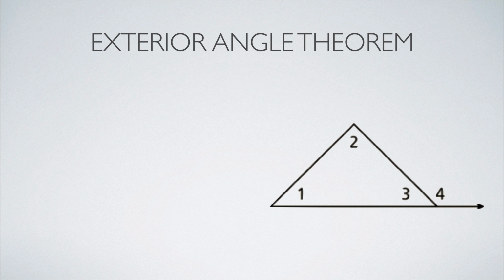All right, so now we're going to very quickly talk about the exterior angle theorem. So the exterior angle theorem is basically this. We've already established that the measure of angle 1 plus the measure of angle 2 plus the measure of angle 3 equals 180 degrees.